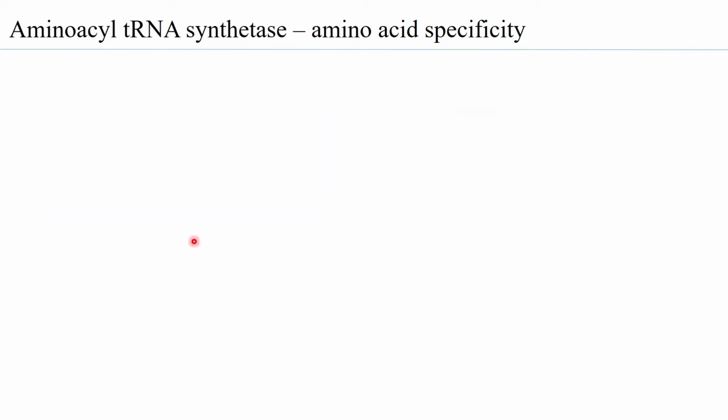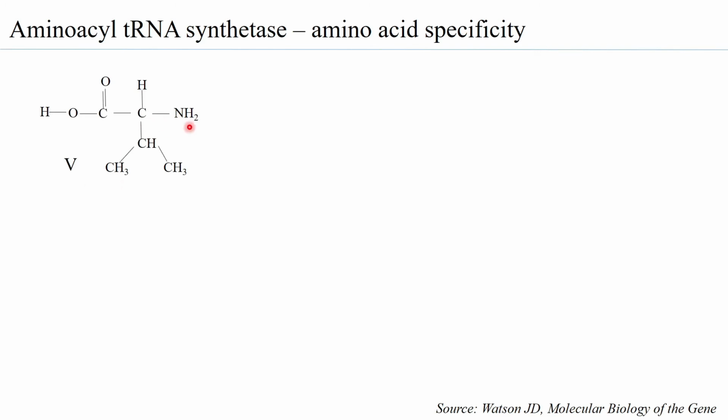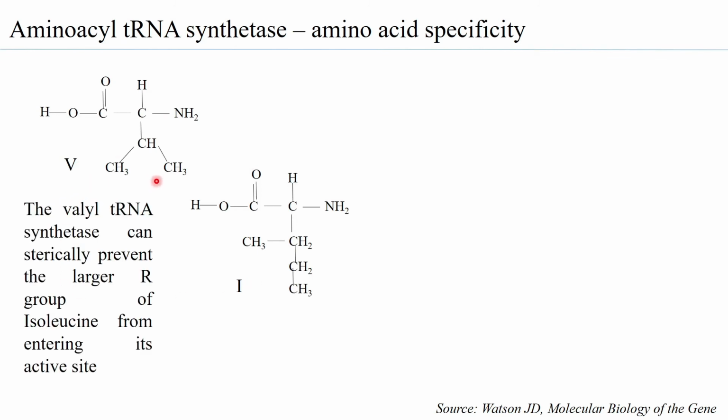Now let us come to this. So we know that valine has this branch structure and the isoleucine has this branch structure. Now, the valine tRNA synthetase can easily distinguish between valine and isoleucine for the simple reason that the active site of valine will not be large enough or big enough to contain the larger R group of the isoleucine.